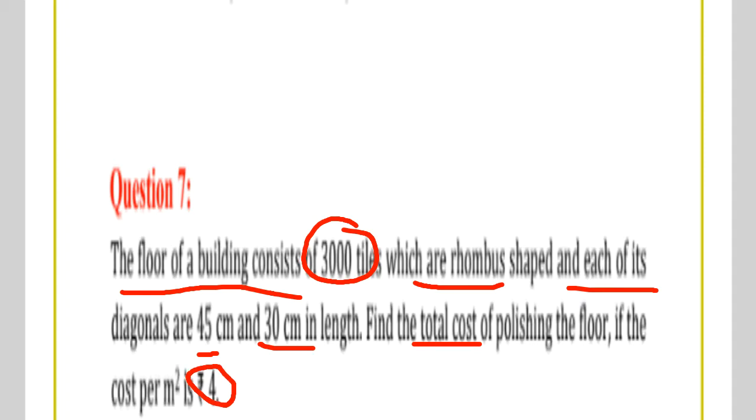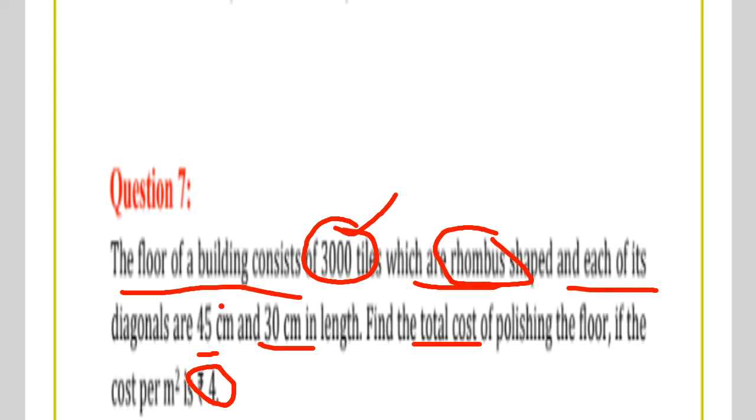Number of tiles is 3000. Dimensions of tiles: the diagonals of the tiles are 45 centimeters and 30 centimeters. The shape of the tiles is a rhombus.